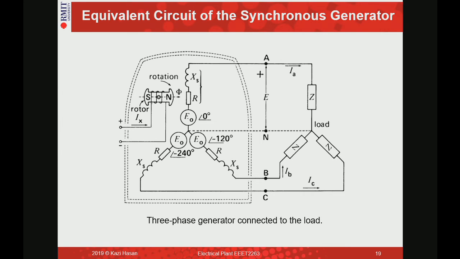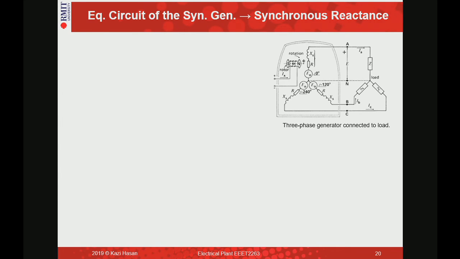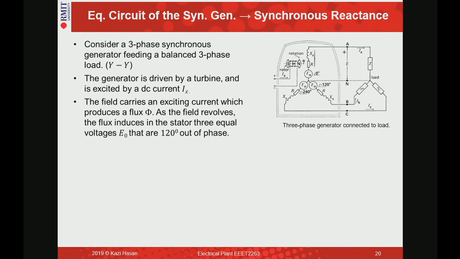That is possible, and we will do that at a later stage. But for the time being, we have a three-phase generator connected to a three-phase load. Generator voltages are the same, just 120 degrees apart from each other. Our load is Y connected and balanced. In this case, our three-phase generator is feeding a balanced load.